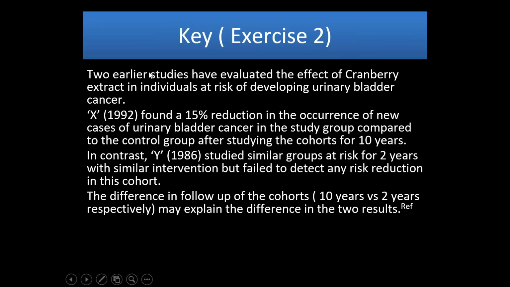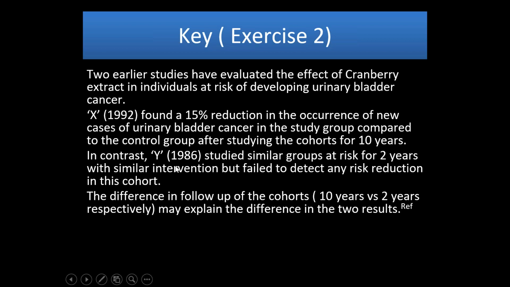So we can write: two earlier studies have evaluated the efficacy of cranberry extract in individuals at risk of developing bladder cancer. X found a 15% reduction in the occurrence of new cases of urinary bladder cancer in the study group as compared to control after following the cohorts for 10 years.